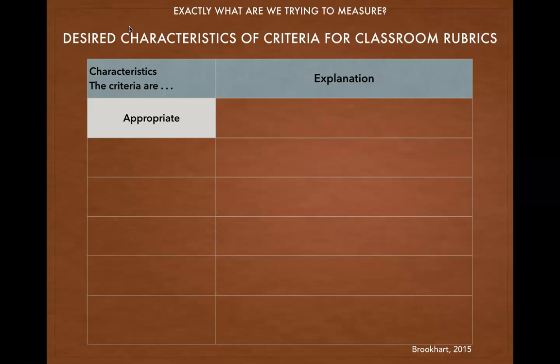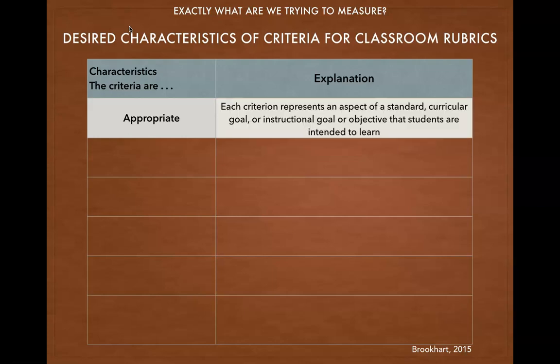An explanation. What does that mean? What are we looking for in appropriate? We want each criterion to represent an aspect of a standard, curriculum goal, instructional goal, or some student learning outcome, an objective that students are intending to learn.